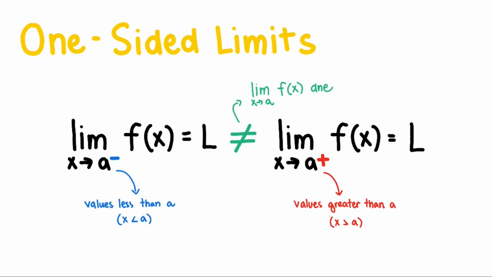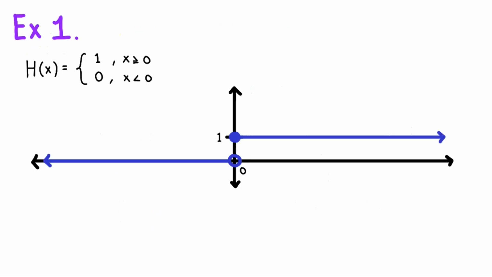With this in mind, let's try out some examples applying this concept. Let's have this first example. This one is the Heaviside step function that we had earlier. Before we start answering this one, feel free to pause the video so that you may try these examples out on your own.